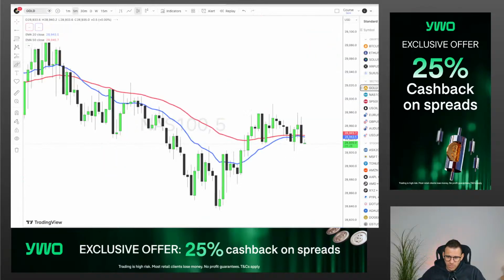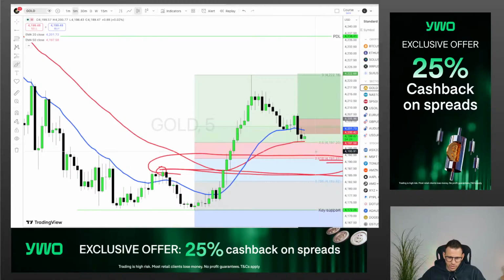Let's go down to gold. I'm interested in this one, yes. So we have a bearish engulfing here, followed by an inside candlestick. Alrighty, let's see how this is gonna come into play today.